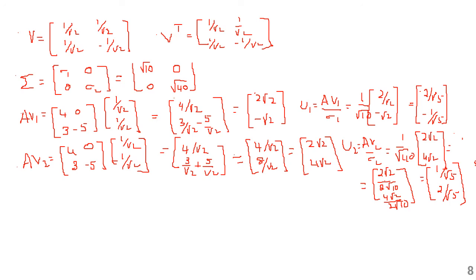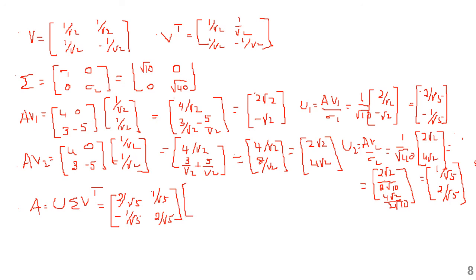So once we know U1 and U2, then you can write the SVD. A is given by U sigma V transpose. U is given by 2 by root 5, minus 1 by root 5, and 1 by root 5, 2 divided by root 5.